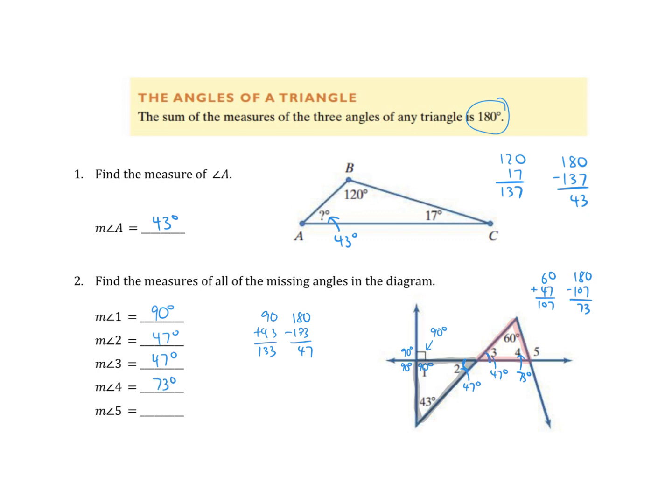And now to find angle 5, angle 4 and 5 make a straight line. And two angles that make a straight line add up to 180. So I can just do 180 minus 73, which gives me 107, and that would be the measure of angle 5.